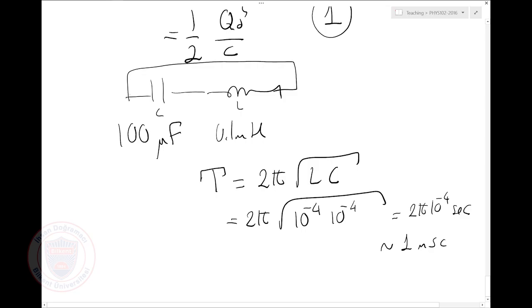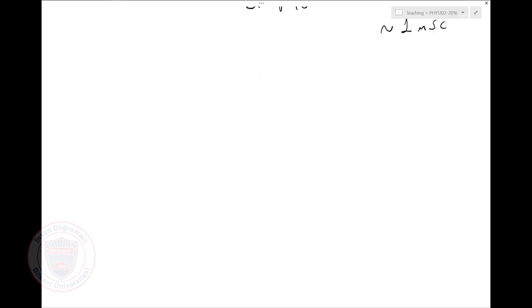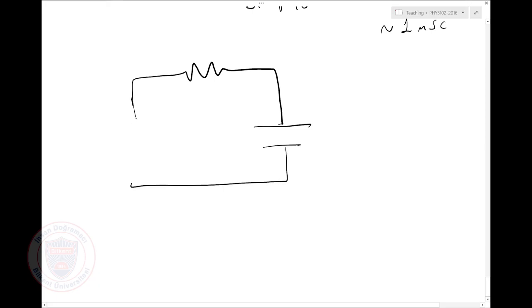So let's actually figure out what happens if I have some resistance R, L, and C in the system. What will happen in the presence of the resistance?